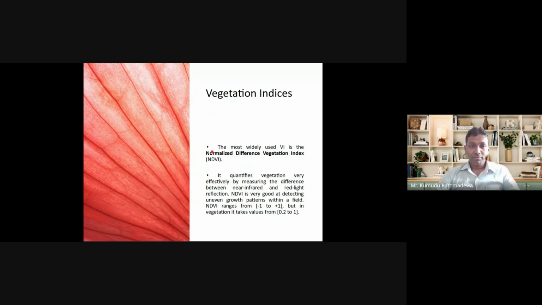So the value from this will range between -1 and +1. Higher values indicate healthier and denser vegetation. If the NDVI value is higher, that means the vegetation is healthier than the one that has a lower value.